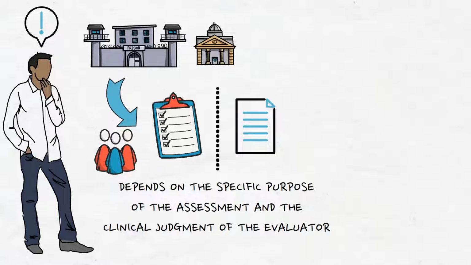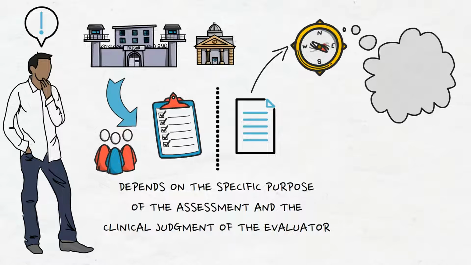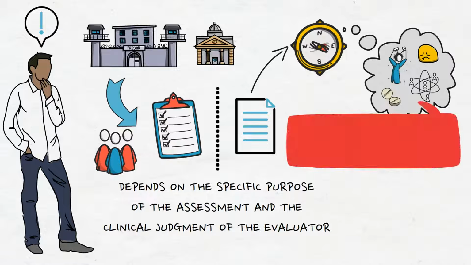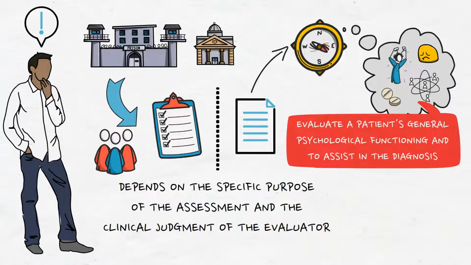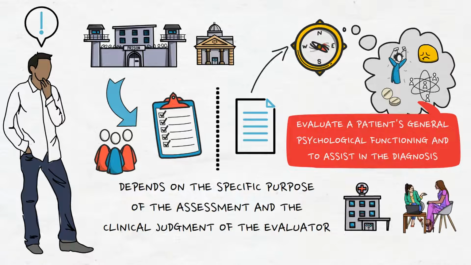The PAI, on the other hand, is a more all-encompassing diagnostic tool that evaluates a variety of personality and emotional traits, including substance use, depression, anxiety, and interpersonal functioning. The PAI is frequently used to evaluate a patient's general psychological functioning and to assist in the diagnosis of mental health issues in professional settings, such as hospitals or private offices.